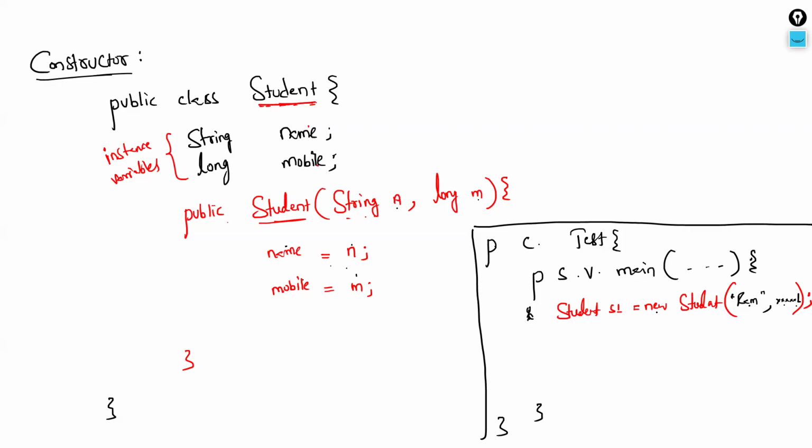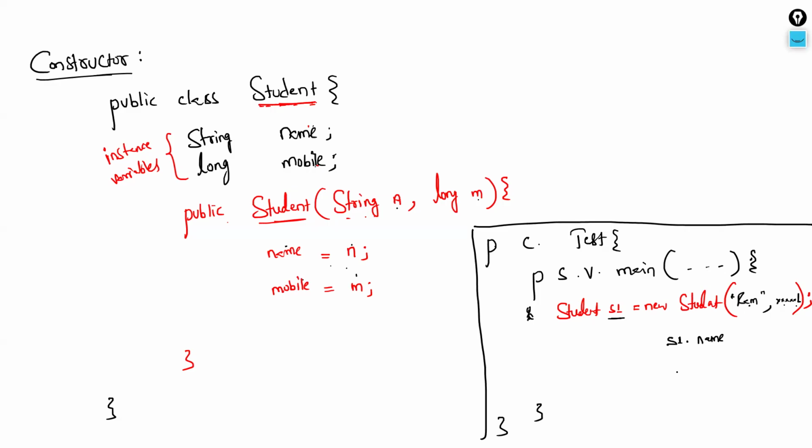Then how do you print it? Same as the very first class and object concept, but with a constructor. No difference. To access the object members, we have to use s1, or not? s1 dot, which variable? In this class Student, which variables are accessible? name and mobile, right? s1.name will give the value that we passed here.